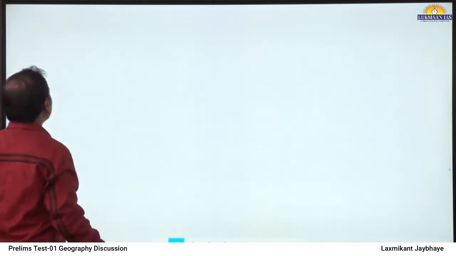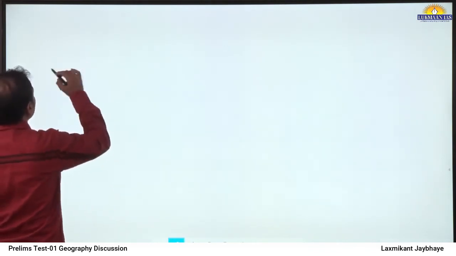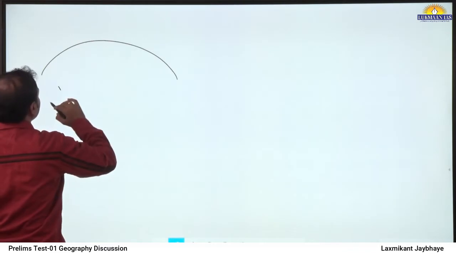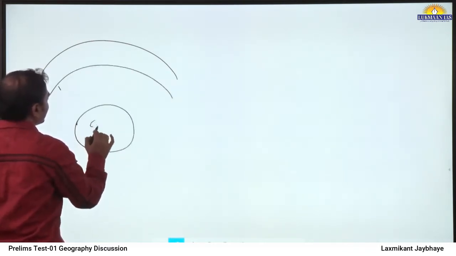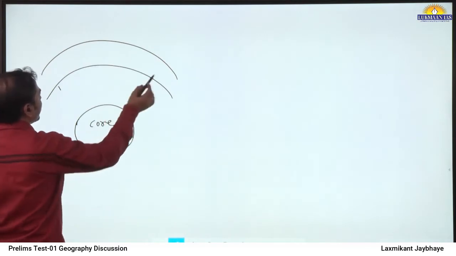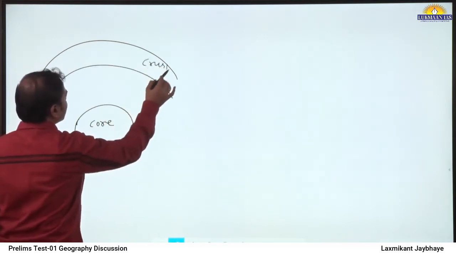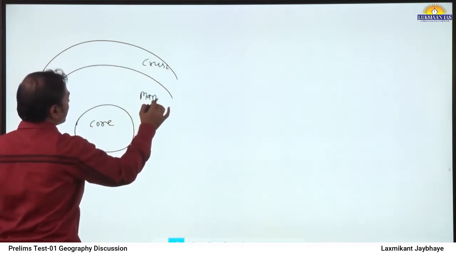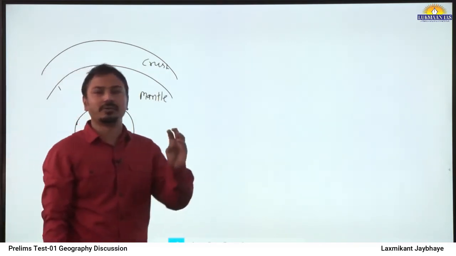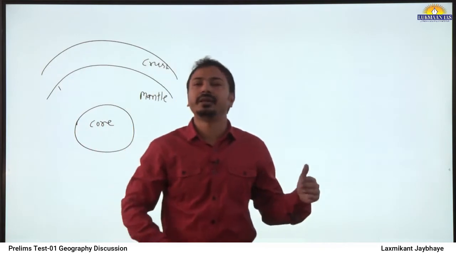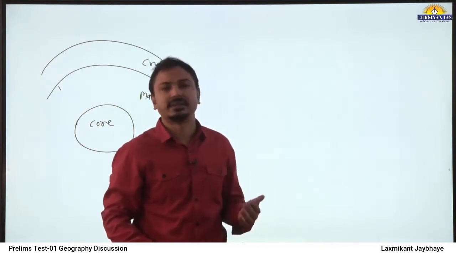Okay. So simply I will draw this like, suppose this is the core. This is the crust, this is the mantle. Now do not get confused here. We all know about convection currents and they are flowing in the upper mantle or asthenosphere.